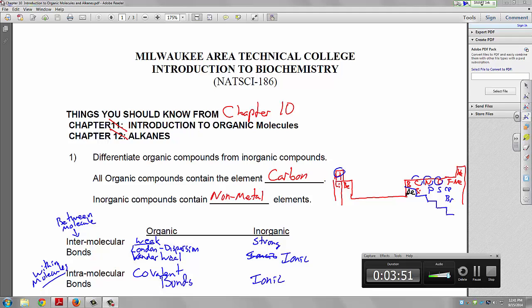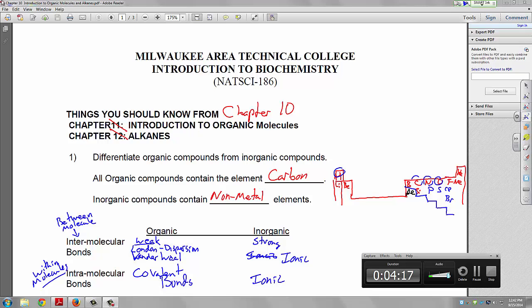The main thing here is if you were to heat up an inorganic compound like sodium chloride, eventually that solid sodium chloride, the same stuff you put on your French fries or popcorn, would melt. It would become molten, and you're breaking the ionic bonds that hold the sodium ions and chloride ions together.